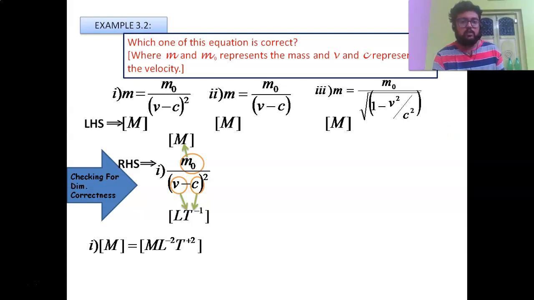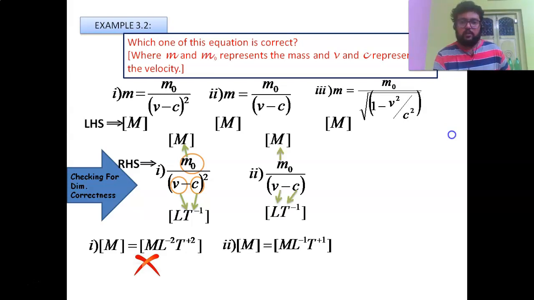So here we can see that left hand side is not equal to the right hand side, so it is just violating the principle of homogeneity, therefore it is wrong. We can do the same for the second equation, and we can find that it is also not correct, because it is also violating the principle of homogeneity.